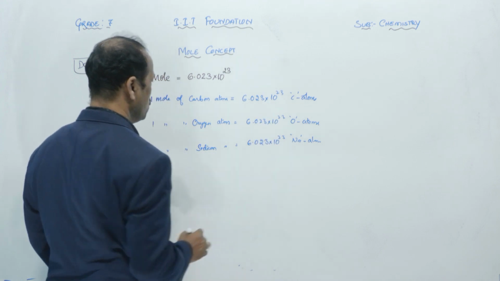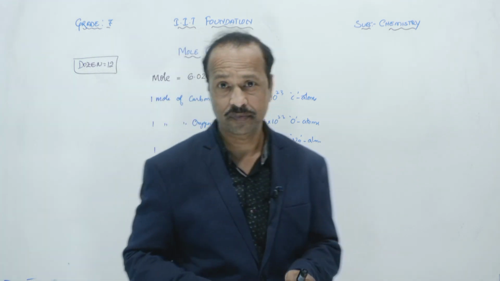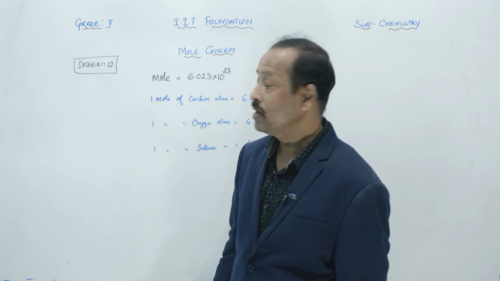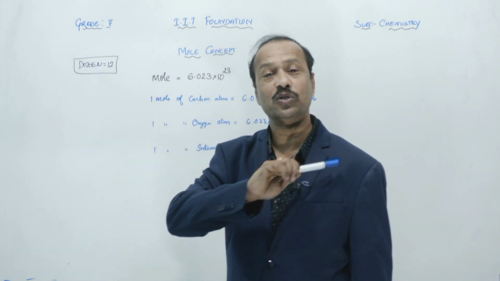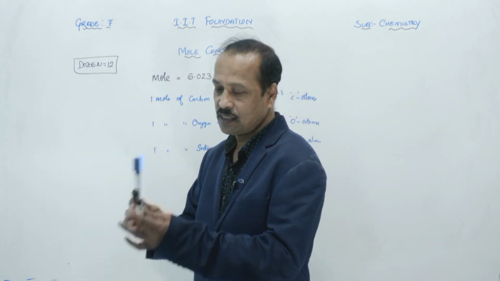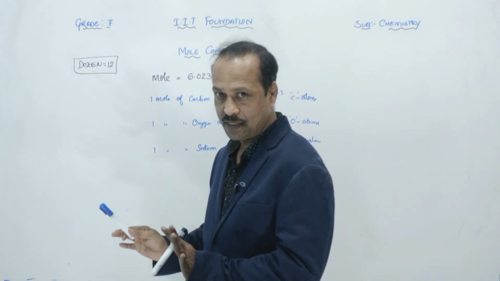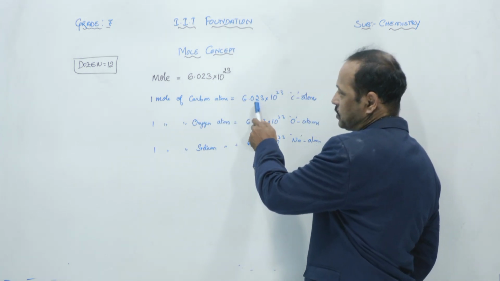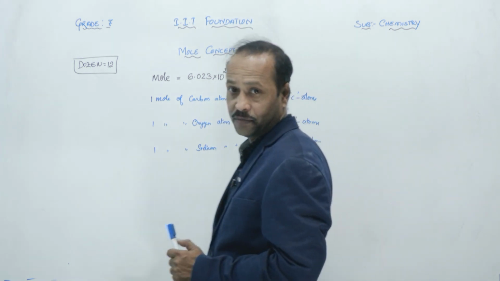Clear now? So, 1 mole means what? Fixed number. 1 dozen of bananas means 12 bananas. 1 dozen of apples means 12 apples. 1 dozen of pens means 12 pens. That is fixed. Now, 1 mole of carbon atoms means 6.023 into 10 to the power of 23 carbon atoms.